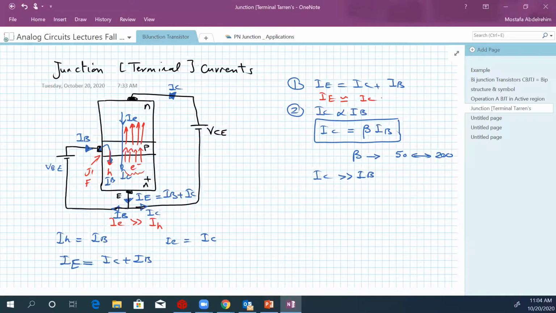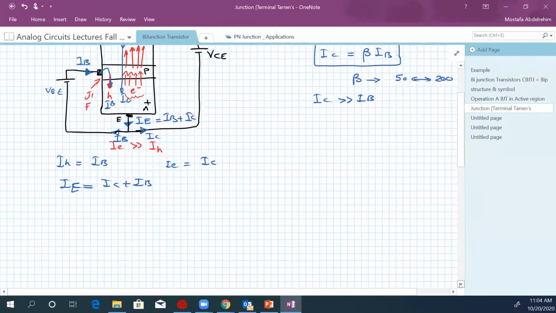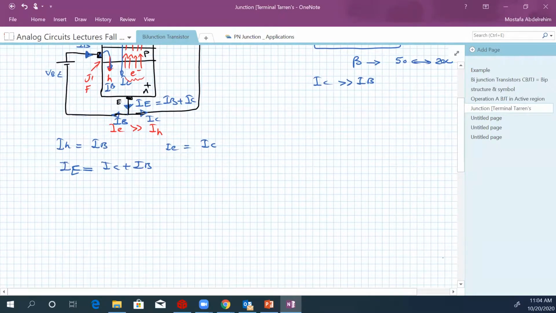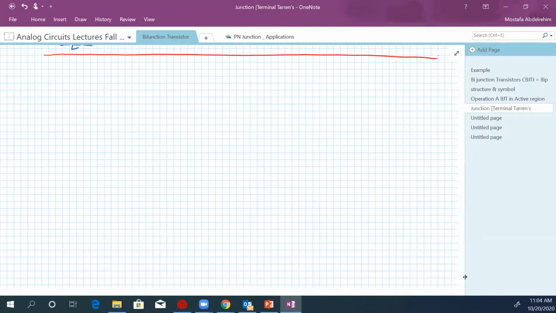So these are the terminal currents. Let's summarize all the equations that we took so far. First, IC equals IS exponential VBE over VT minus 1.